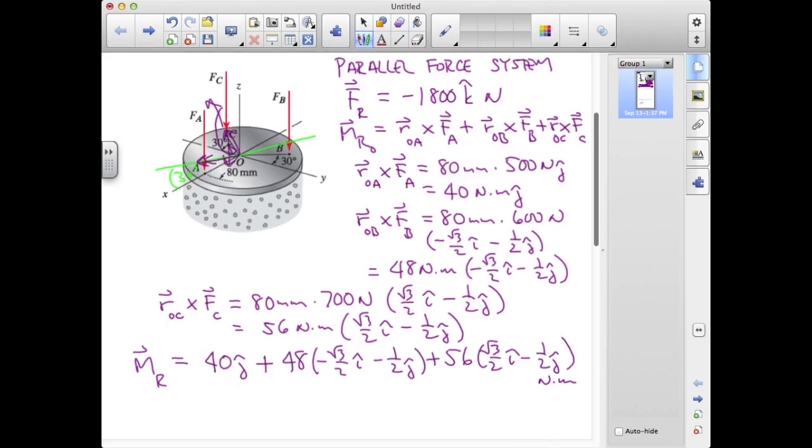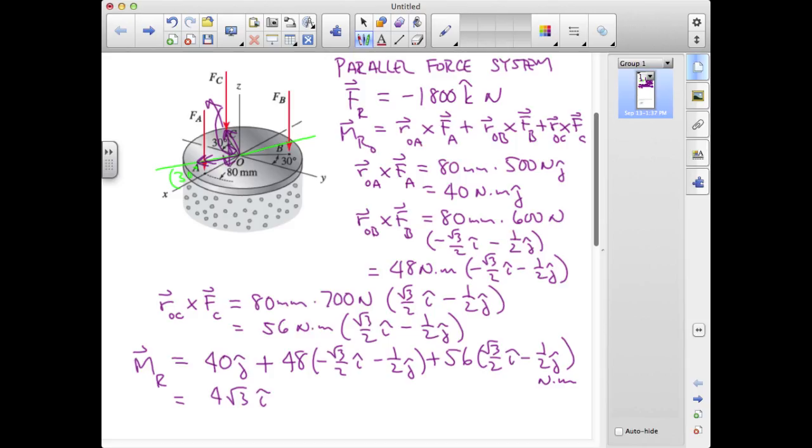If we collect the i terms together, what we have is 56 minus 48 times root 3 over 2, and that ends up giving us 4 root 3 i newton meters.